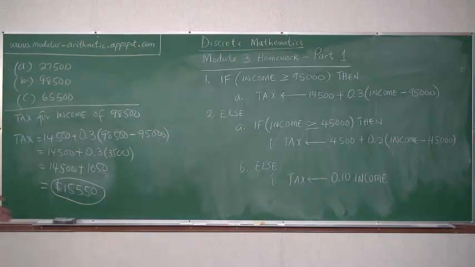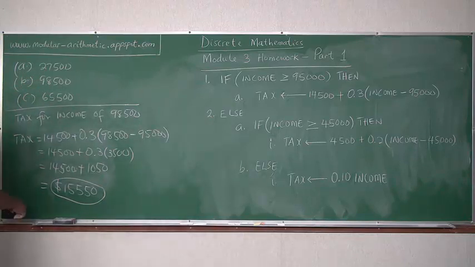If you want to put the decimal 0.00, that's fine. It doesn't matter. You can put 0.00. So this will be the tax for someone that has an income of 98,500.